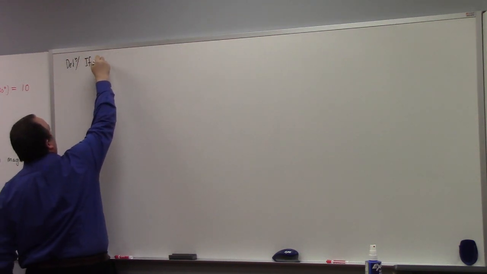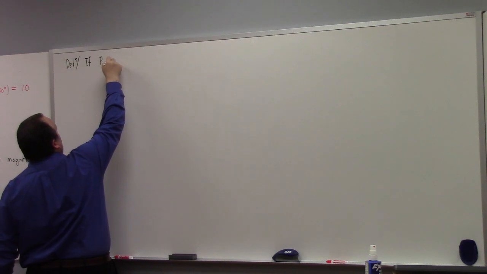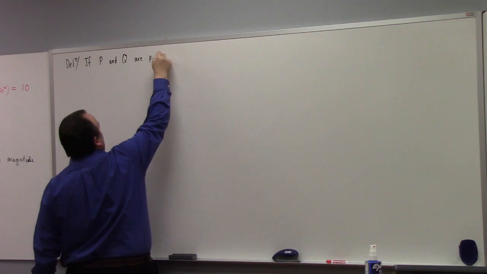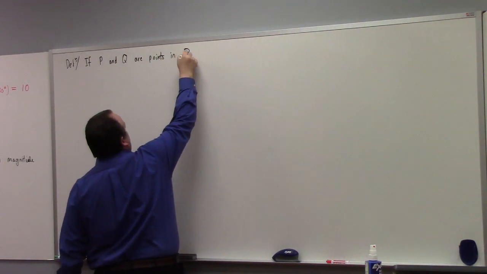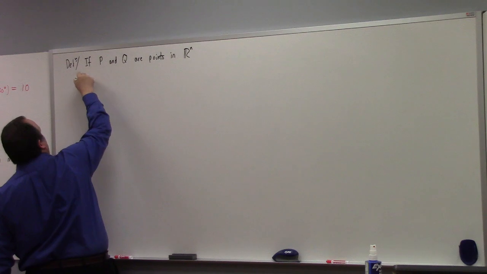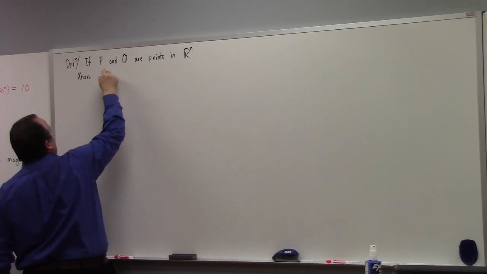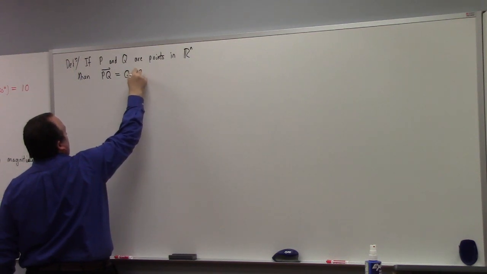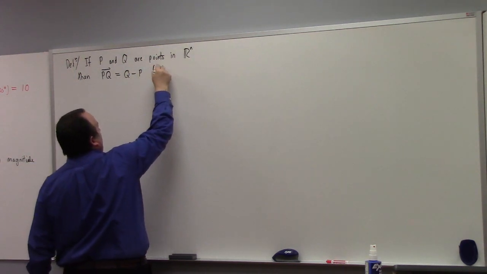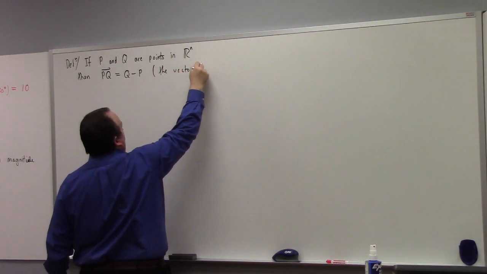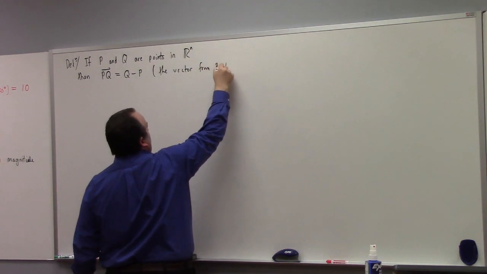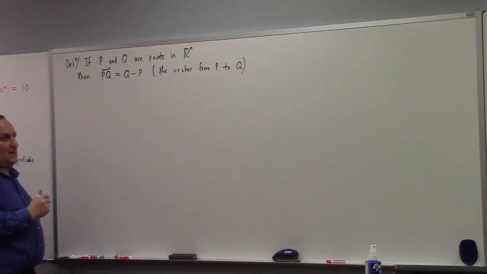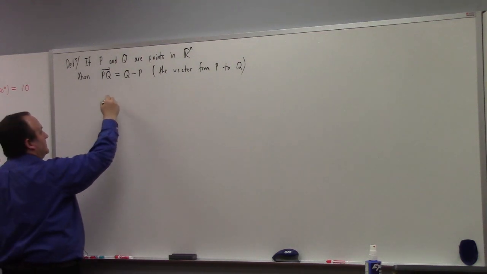If P and Q are points in Rn, then PQ is equal to Q minus P. It's the vector from P to Q. So like, we draw a picture of what's going on here.